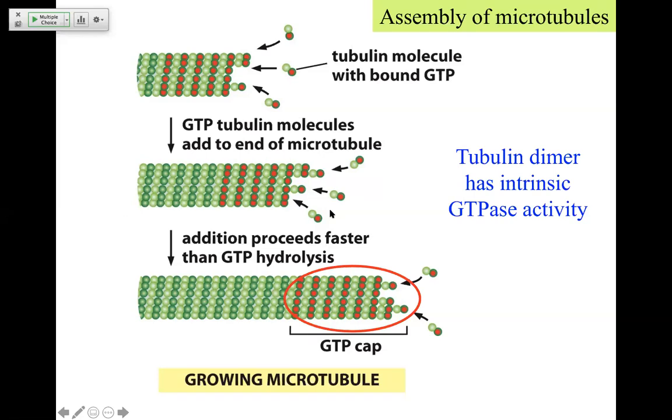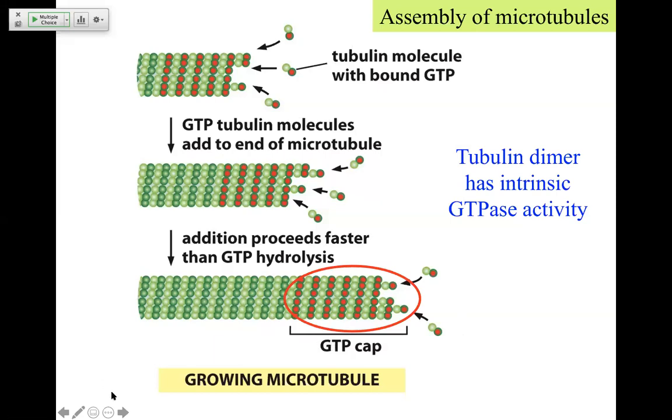Red is GTP bound tubulin. And so if there's a high enough concentration of GTP bound tubulin dimers in the cytoplasm, then they will keep adding and our microtubule will be growing at its plus end. So when we have enough GTP bound tubulins, we say that this is our GTP cap.